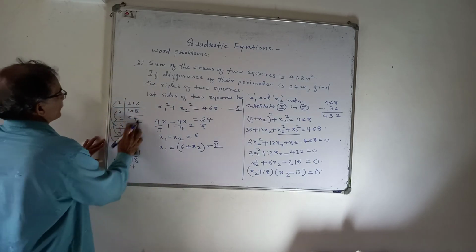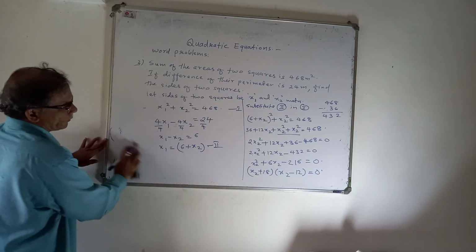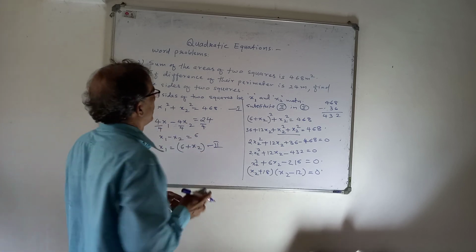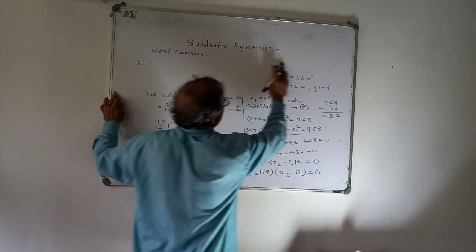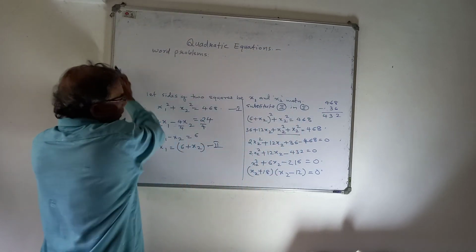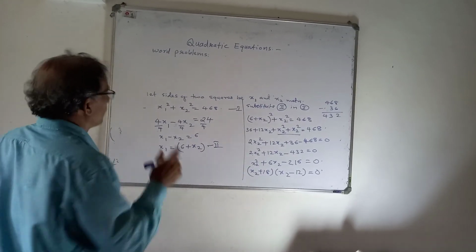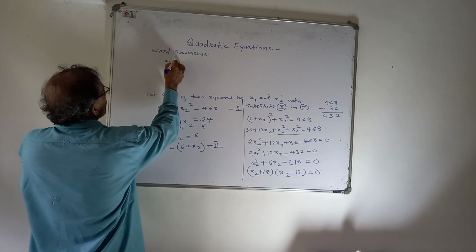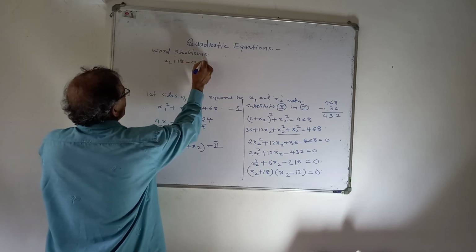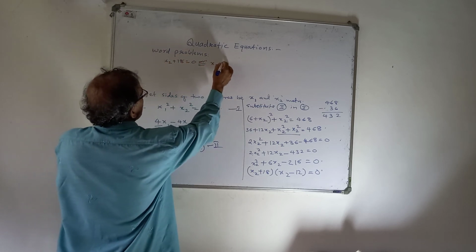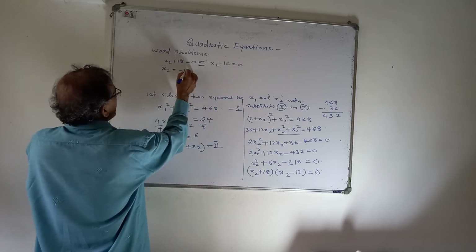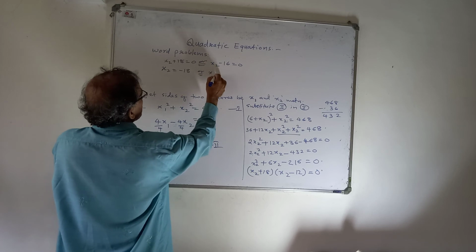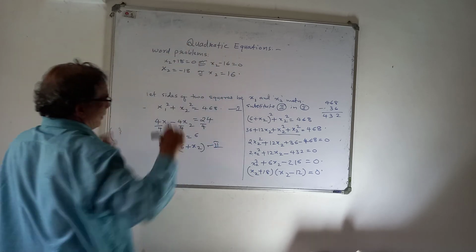Okay. Now remaining portion, I shall write this. So x2 plus 18 is equal to 0 or x2 minus 12 is equal to 0. So x2 is equal to minus 18 or x2 is equal to 12.